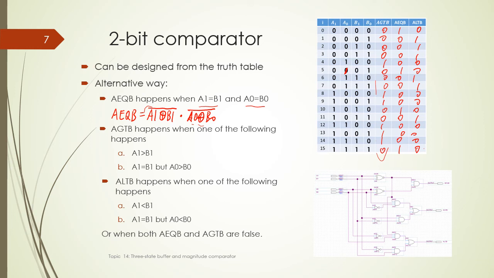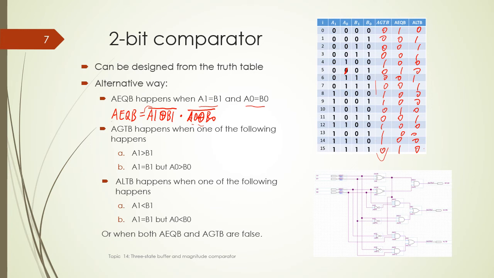Then when A is greater than B, there are 2 cases. If the higher bit A1 is larger than B1, then we don't have to compare the lower bit, and we know A is greater than B, right? Another case is if A1 equal to B1, then we have to compare the lower bit, and we say A is greater than B if A0 is larger than B0.